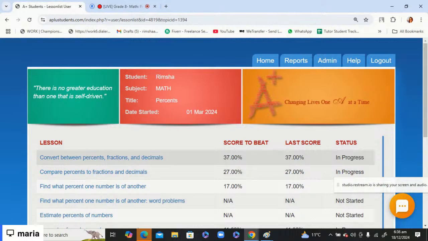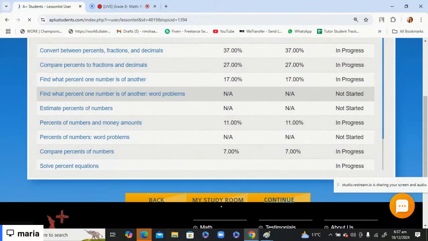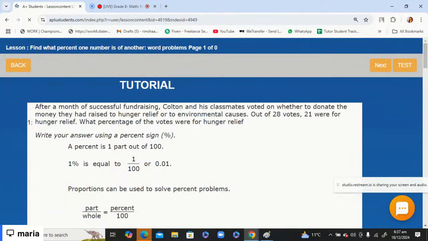Let's start the last lesson of the day, which is for what percent one number is of another, word problems. So here, after a month of successful fundraising, Colton and his classmates voted on whether to donate the money they had raised to hunger relief or to environmental causes.